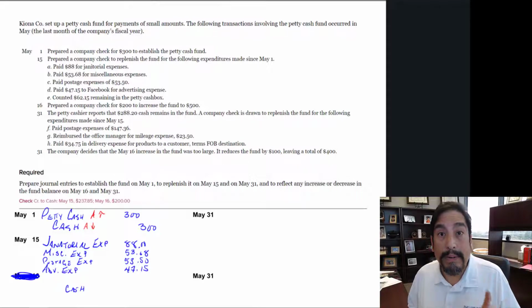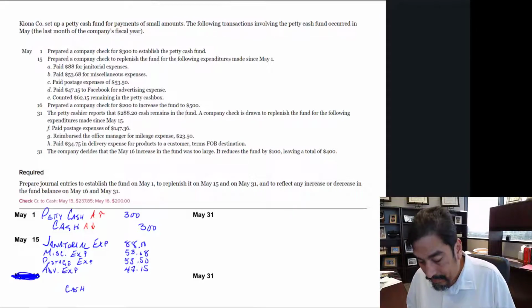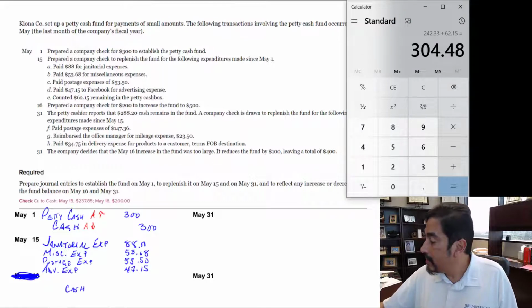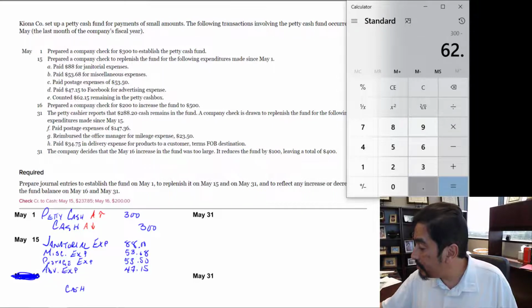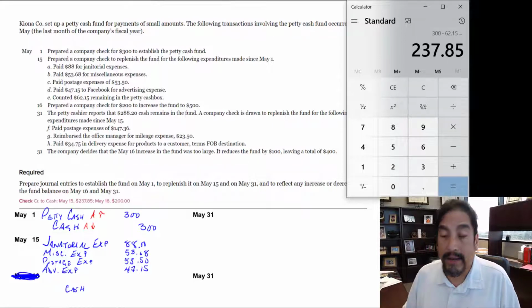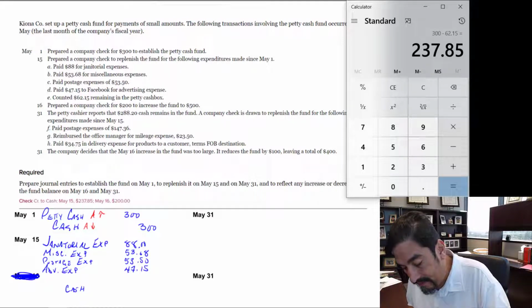Cash. We need to replenish the cash. There should be $300 in there. We've got $62.15 in there. So I need to put in $237.85.